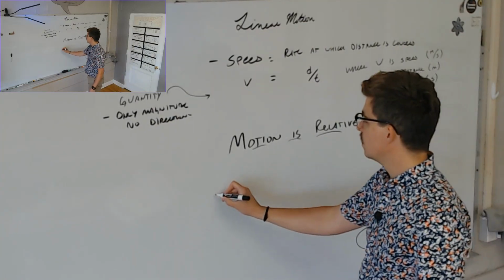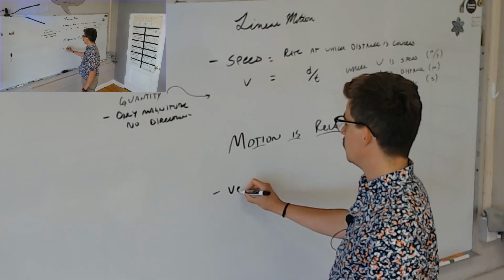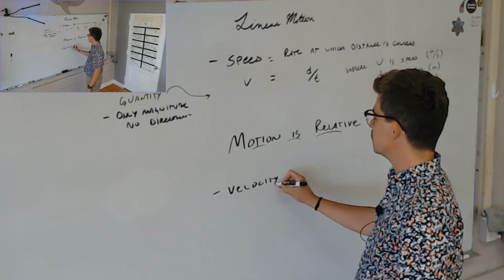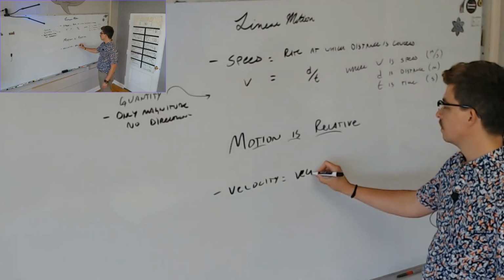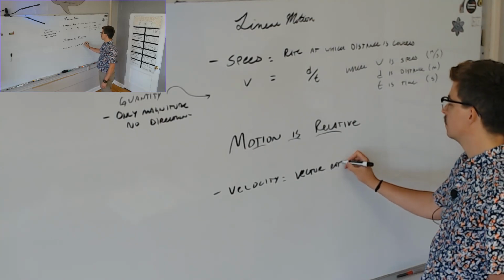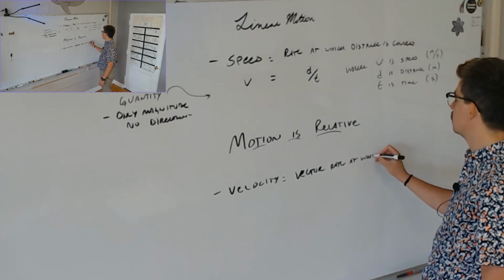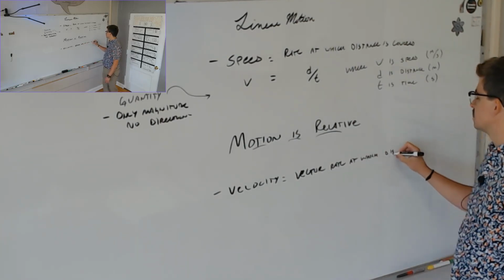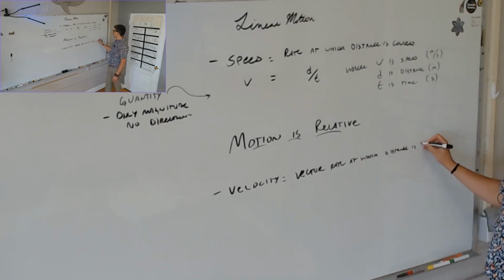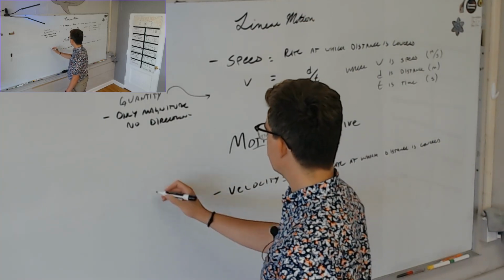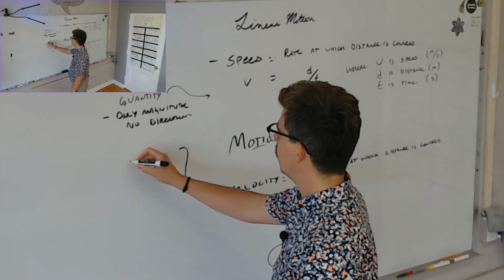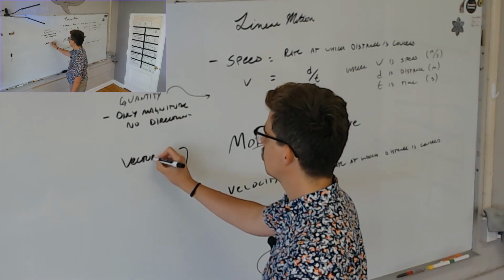Another way of measuring motion, which is related, is velocity. Velocity is the vector rate at which distance is covered. So speed was a scalar quantity. Velocity is a vector quantity.